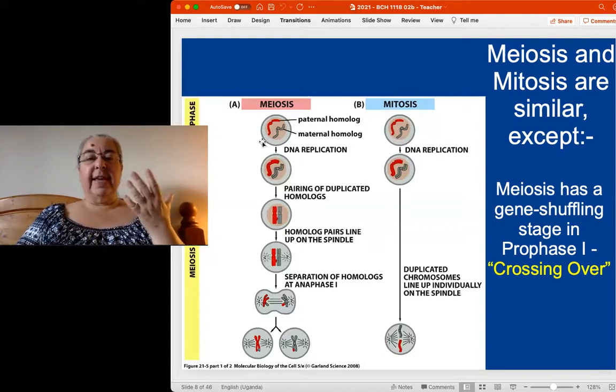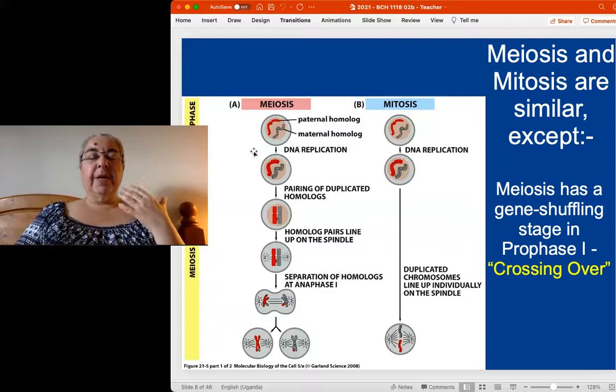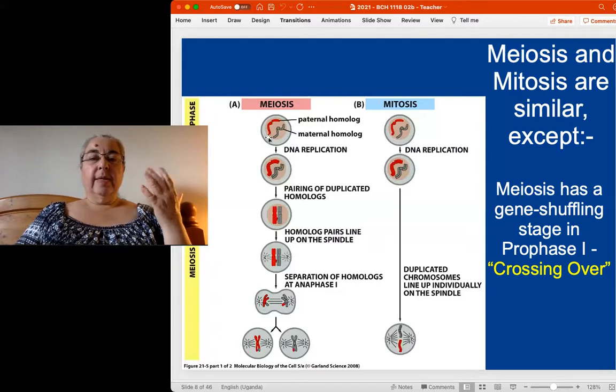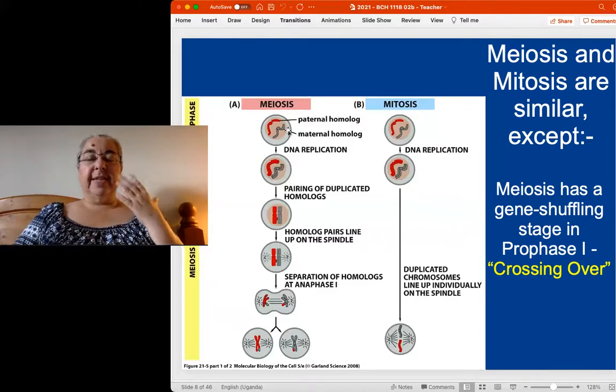They carry the same genes, but they are not exactly the same. They might carry slightly different forms of similar genes, okay? So the copy from the father and from the mother have the same genes, but might have differences within those genes.